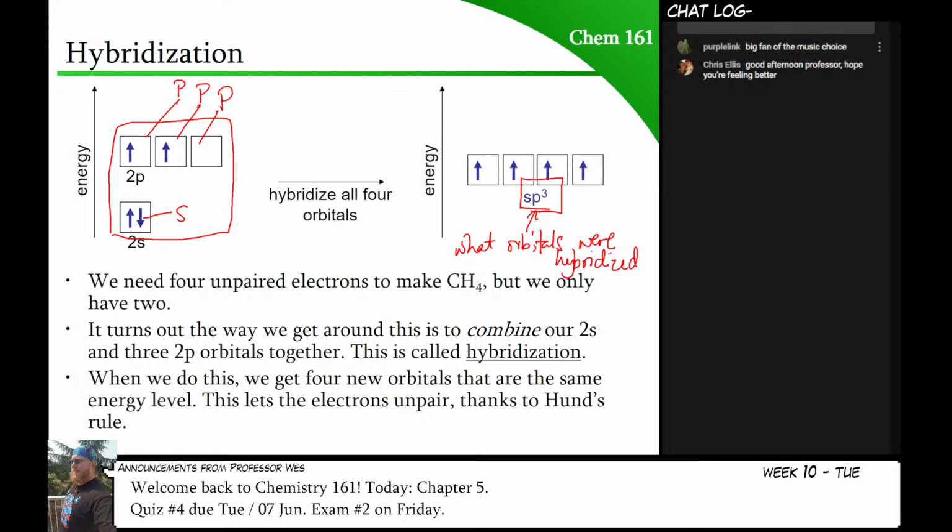So I put an s orbital in and I put 3 different p orbitals in. We're going to call that sp3. Now, because they're all hybridized and they're all blended, they're all the same. So we are basically removing the distinction in energy between s and p, and saying, I want to mix all these together, they are sp3.